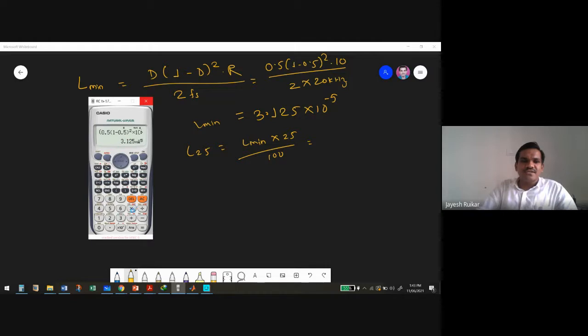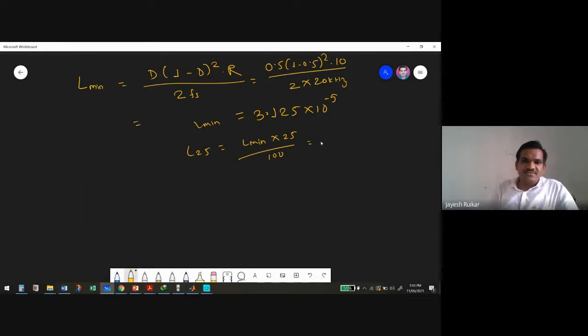Just wait, the calculator is hanging again. Okay, I have the direct value. So the L25 value that I have right now is 7.8125 into 10 to the power minus 6.